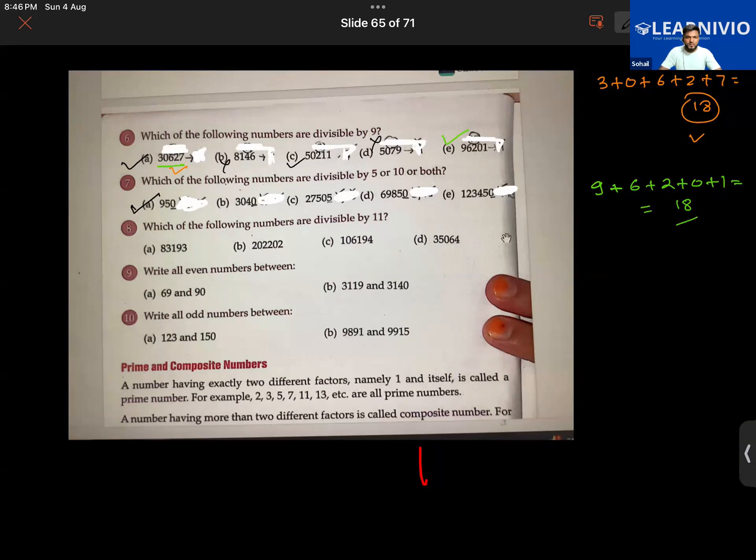Next also good. After this, option C. It's divisible by 5 but not 10. So it is not, because the question asks it has to be divisible by both 5 and 10. Okay. Option D.